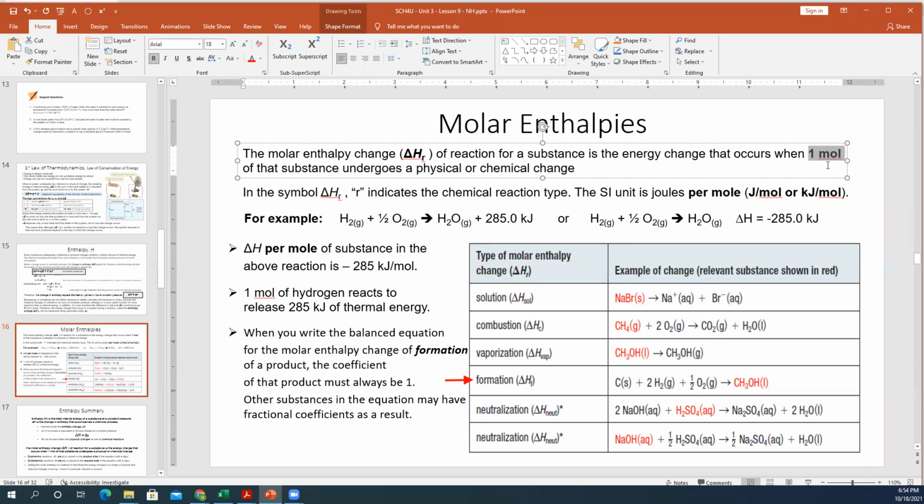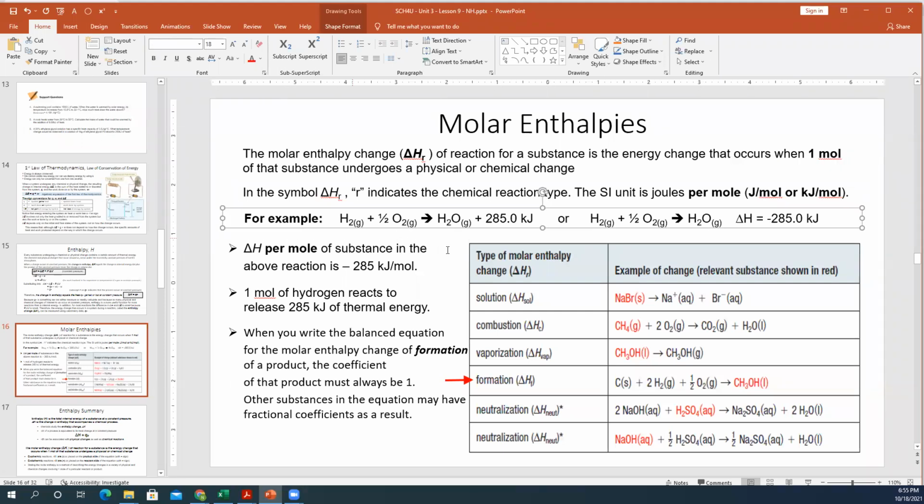That's why these are called molar enthalpies. The SI units are joules per mole, because this is molar enthalpy, and it's written as either joules per mole or kilojoules per mole.